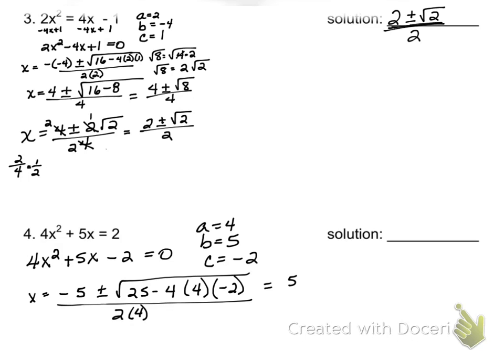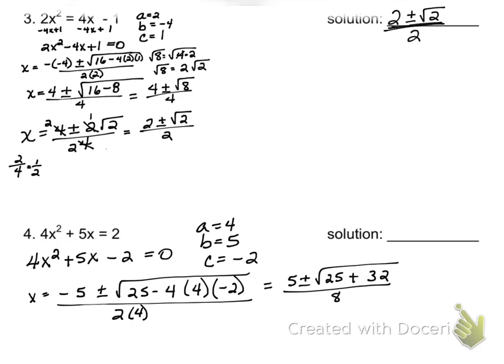So that's going to be 5 plus or minus the square root of 25 plus, because there's two negatives, a negative 4 and a negative 2, so that's 4 times 4 is 16, 16 times 2 would be 32. And all of that is over 8.